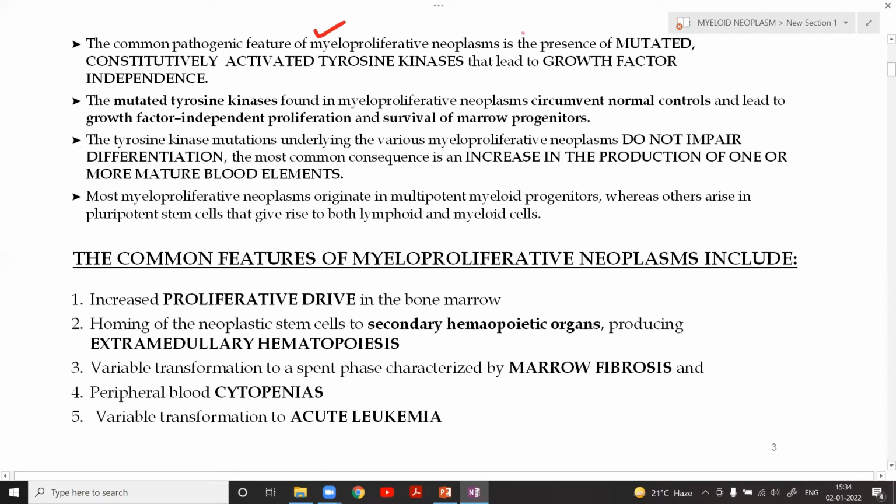The common feature is the presence of a mutated, constitutively activated tyrosine kinase that leads to growth factor independence. That means there are activated enzymes that can act on their own. That is why they are called constitutively activated. That is going to lead to growth factor independence, so they drive cell proliferation without the requirement of a growth factor.